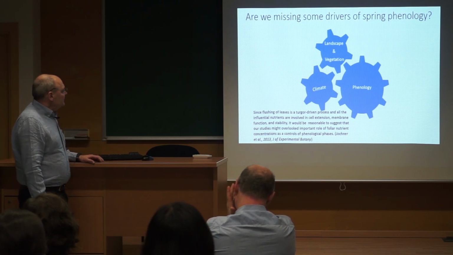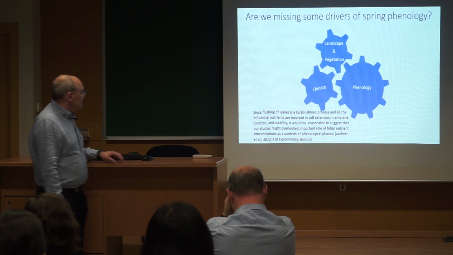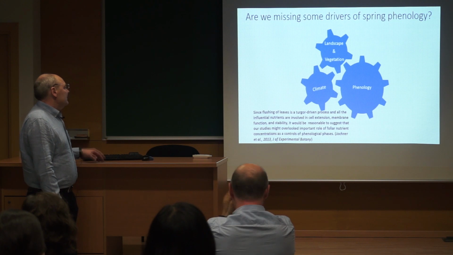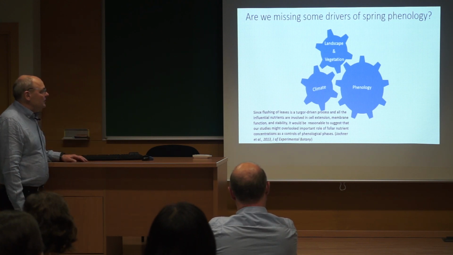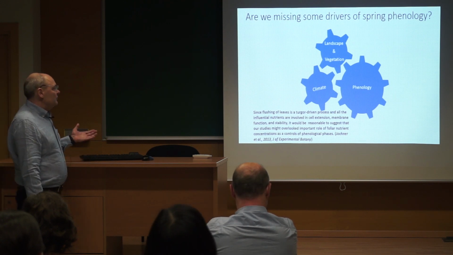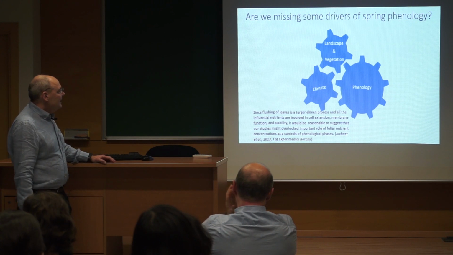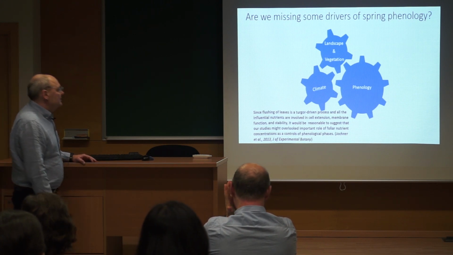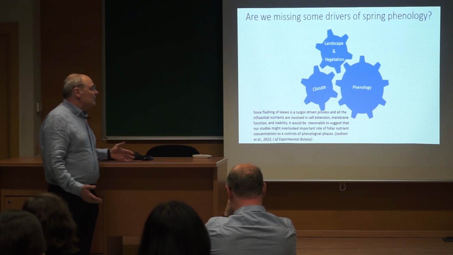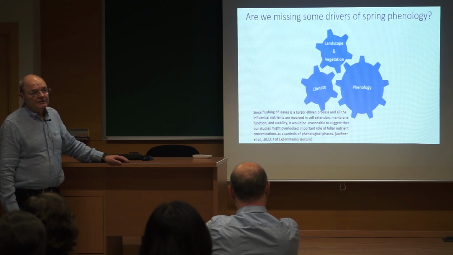And this, for example, was the conclusion from the work of Joshi and others. They say that since flushing of leaves is a target-driven process, and all the influential nutrients are involved in cell extension, membrane function, and stability, it would be reasonable to suggest that our phenological studies might overlook the important role of foliar nutrient concentrations as controls of phenological phases.